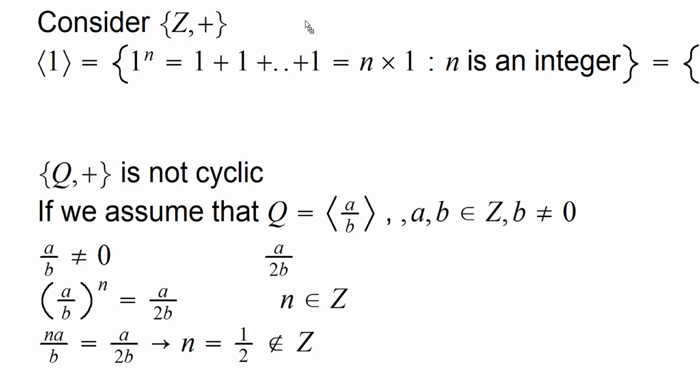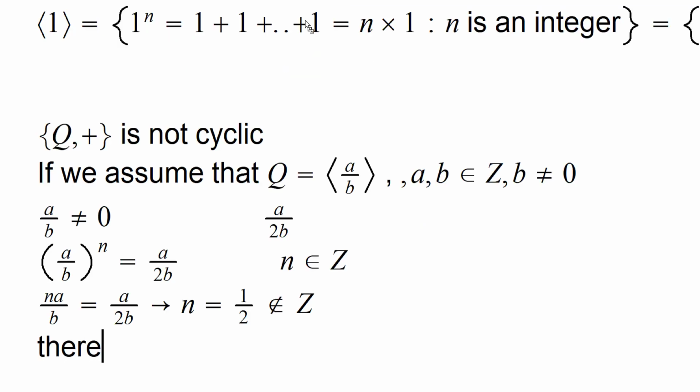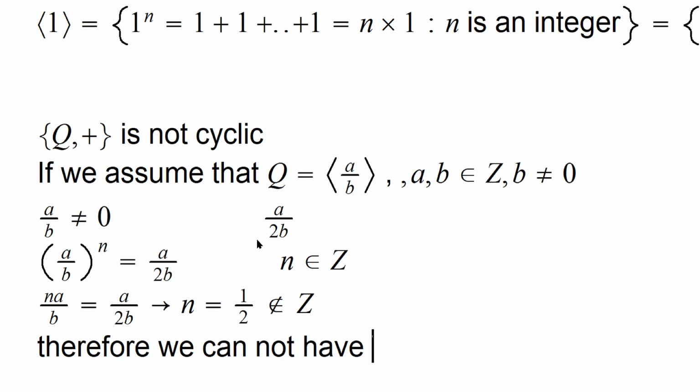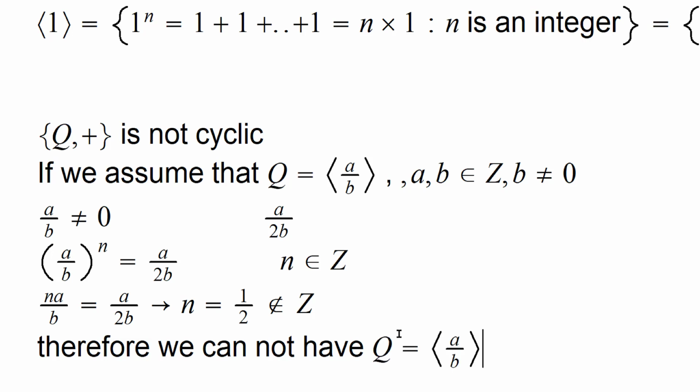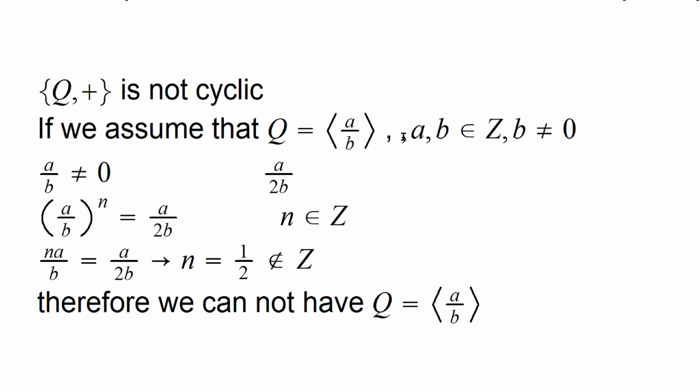Okay, so therefore we cannot have Q equal to the group generated by A over B, where A over B is described as stated above.